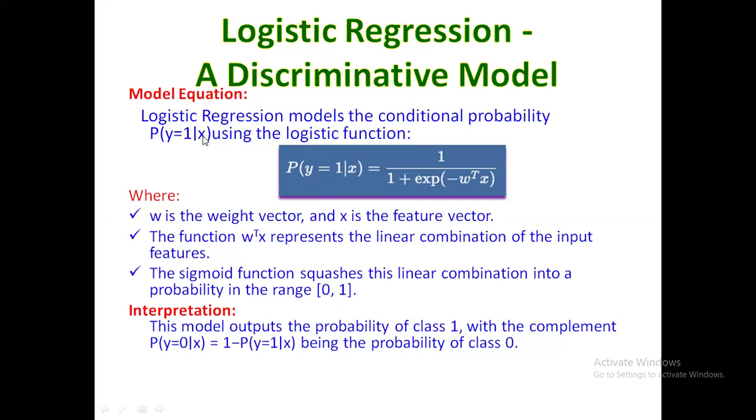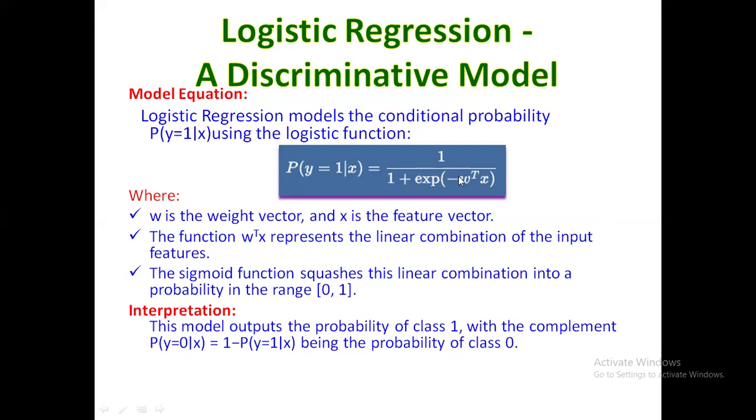The model uses the logistic sigmoidal function to output a probability value between 0 and 1. This is given by probability of y equal to 1 given x is equal to 1 divided by 1 plus e to the power of minus w transpose x. Here, w is the weight vector of the model and x is the feature vector, that is, inputs x1, x2, x3.